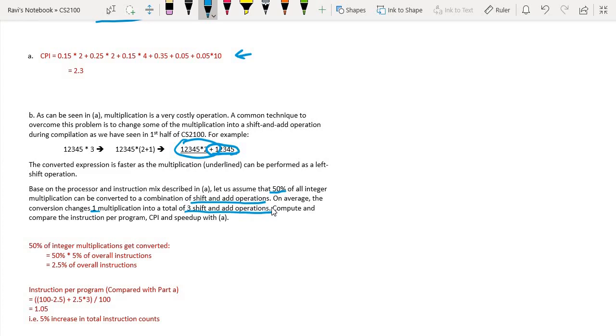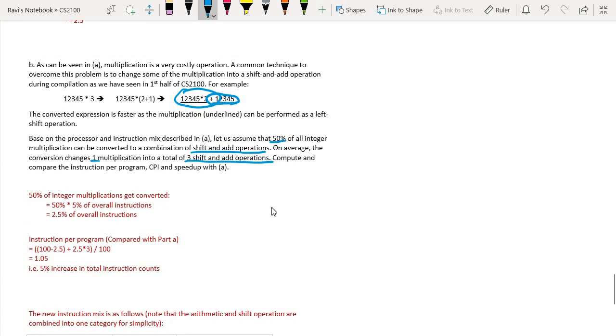First, now that half of the multiply instructions are converted to shift and add instructions, the overall number of instructions is going to go up, correct? Because each multiply instruction is equivalent to 3 shift and add instructions. So I need to calculate the new overall percentage increase in the code size. Since 50% of the multiply instructions are converted, the other 50% is not converted.